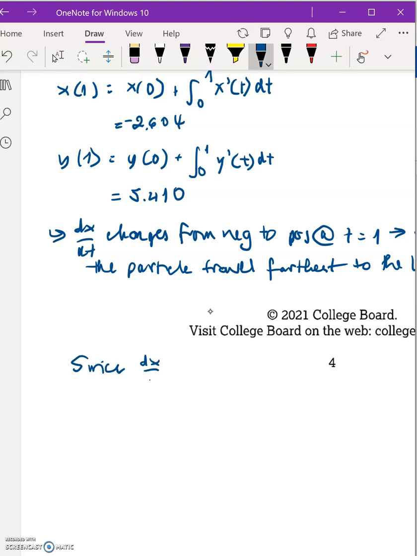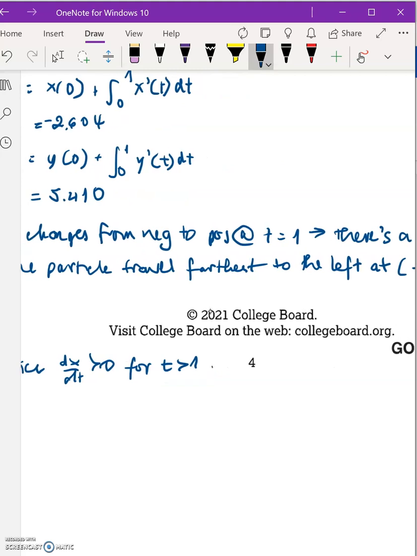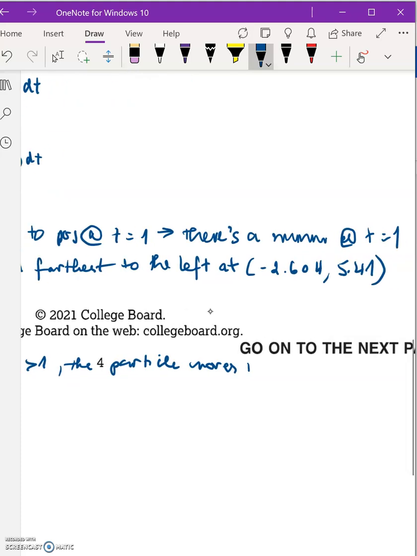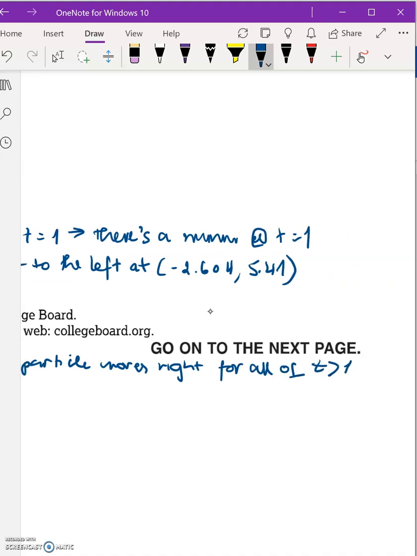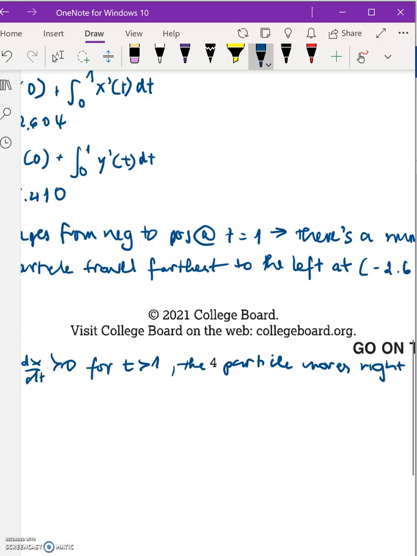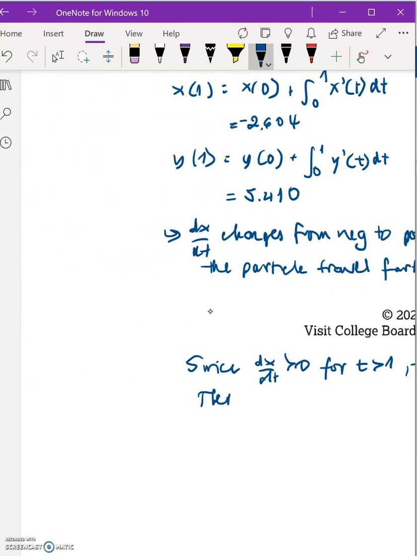Since dx over dt is greater than 0 when t is greater than 1, the particle moves right for all t greater than 1. There is no point farthest to the right.